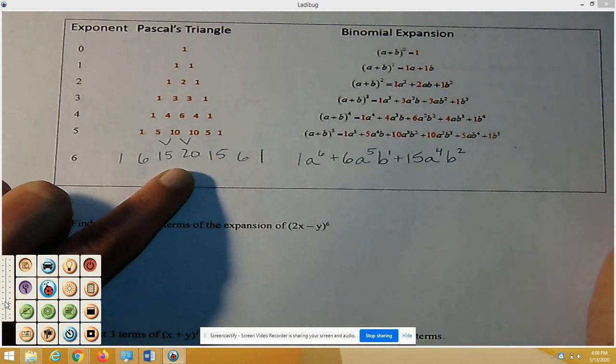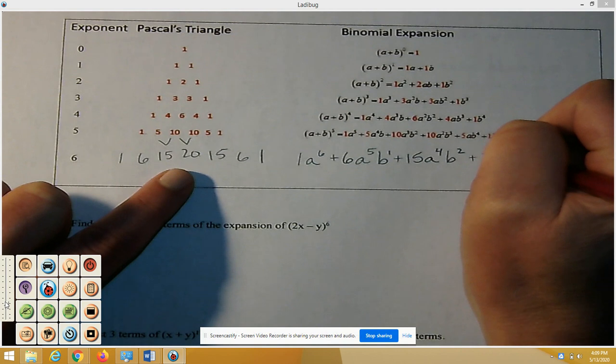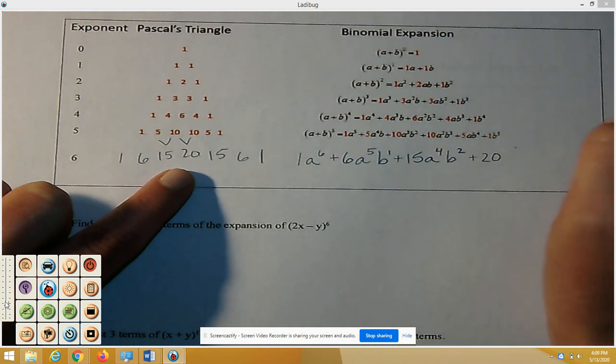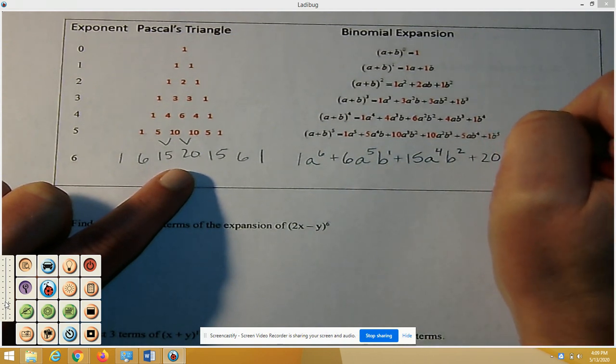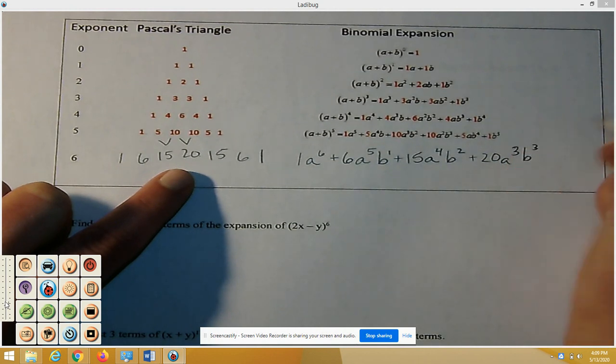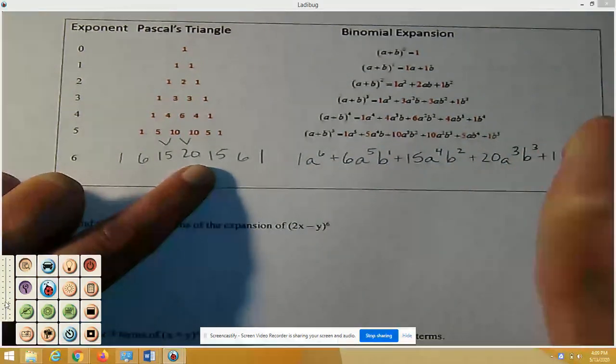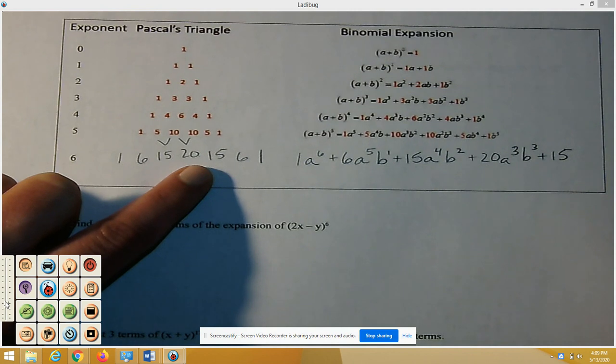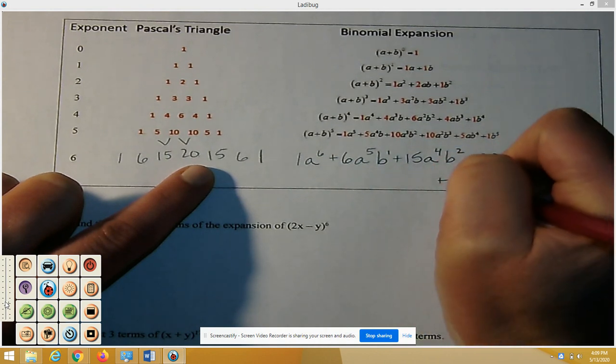So now the 4th term has got 20 as its coefficient, and then I'm going to have A to the 3rd, B to the 3rd, okay, and then plus 15, and I'm going to kind of run out of room, so I'm probably going to loop it a little bit. A is going down, so A squared, B to the 4th, and then I'm going to come over here and say 6.